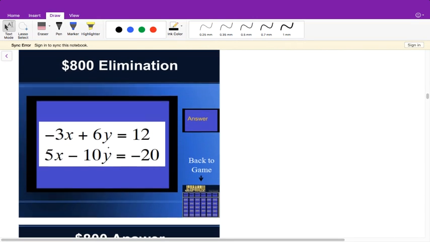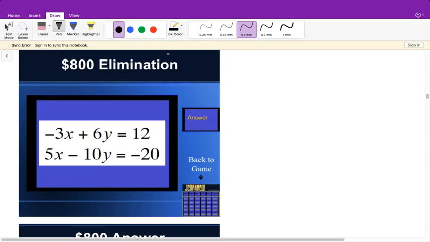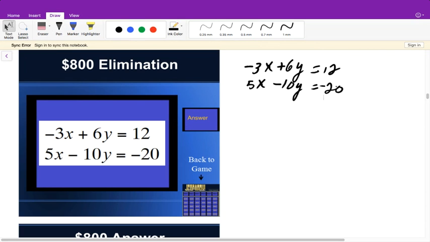All right, so now let's move on to this next one. We have negative 3x plus 6y is equal to 12. And we have 5x minus 10y is equal to negative 20. So decide which one you want to eliminate. I'm just going to decide to do this x because the 3 and 5 just jump out at me a little bit more than the 6 and 10 do.